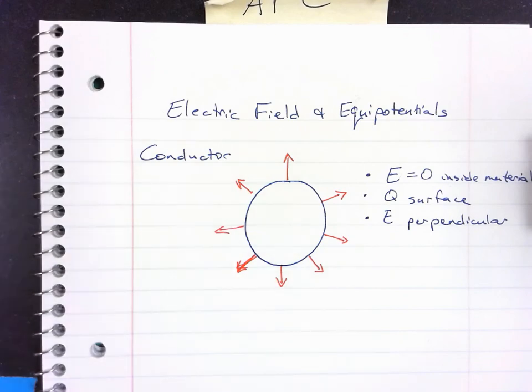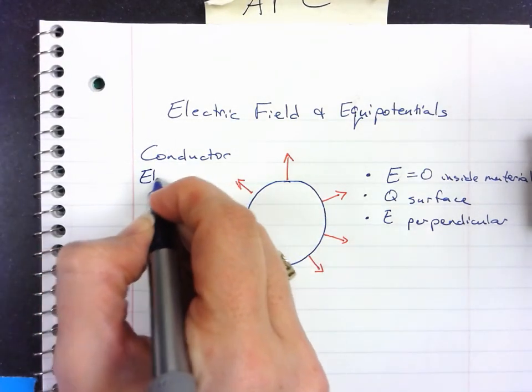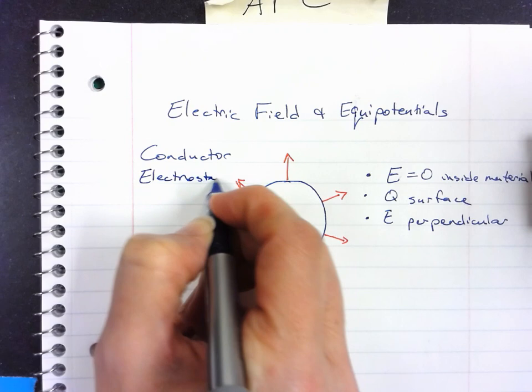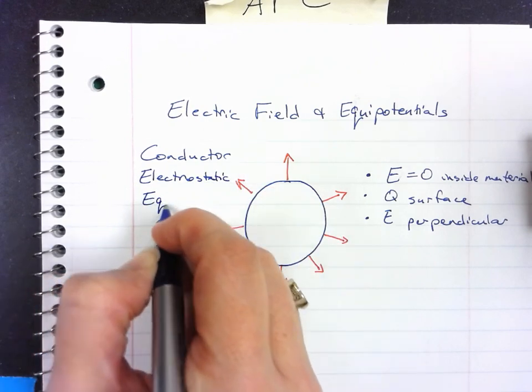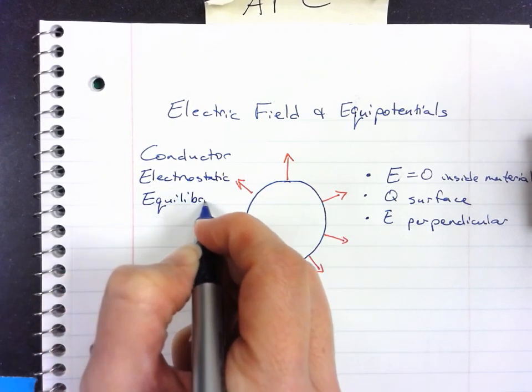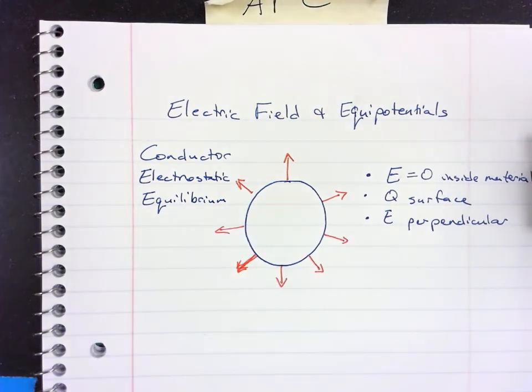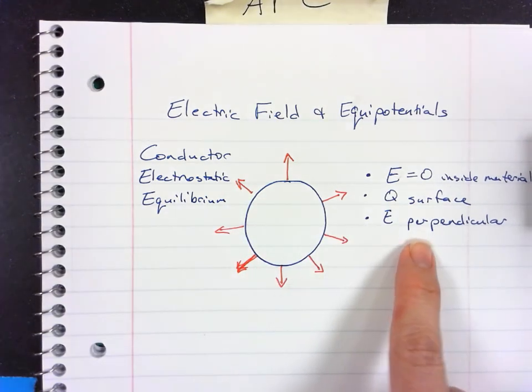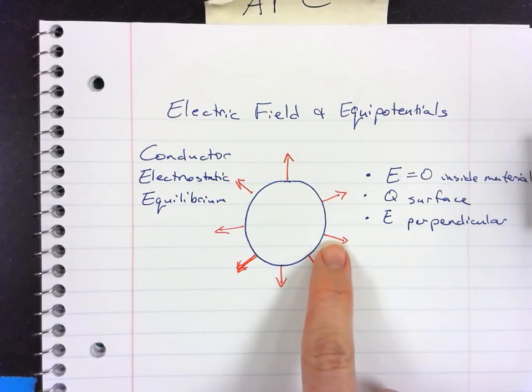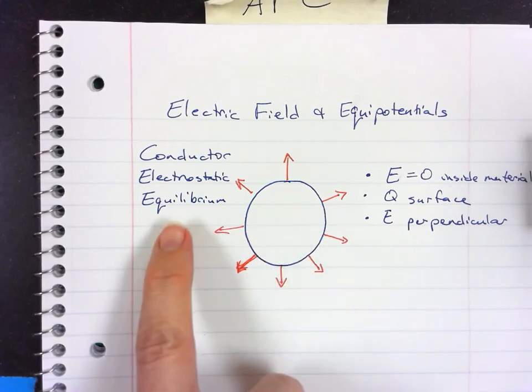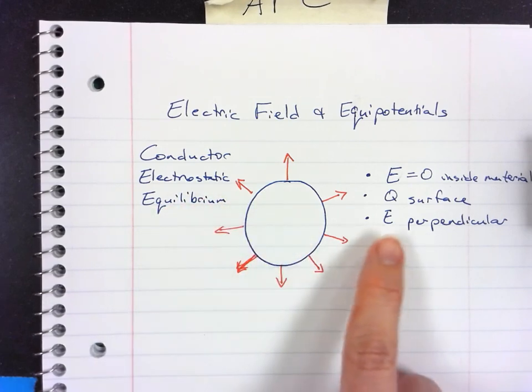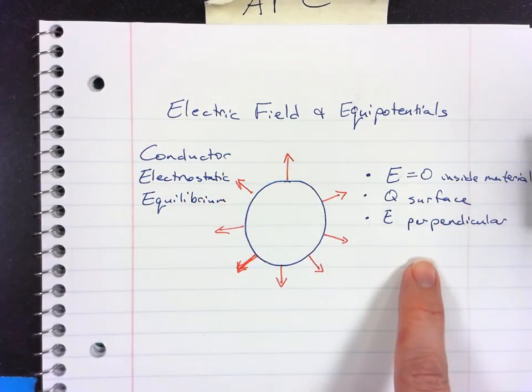And this conductor has reached electrostatic equilibrium. Should have said that first. But if it's in equilibrium, the charges are not moving. So the electric field has to be perpendicular to the surface. If it wasn't, they'd move. So then they're not in equilibrium, so we haven't met our starting conditions. So once they're in equilibrium, the electric field is perpendicular to the surface.